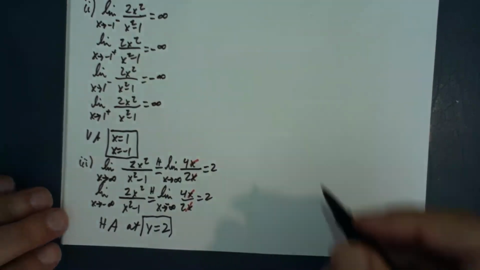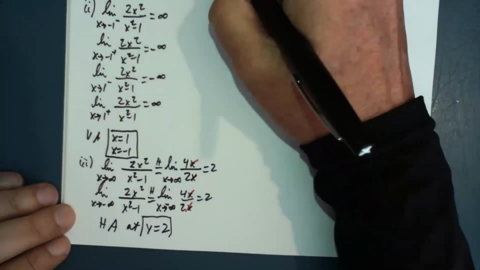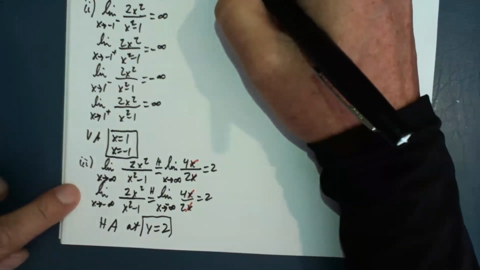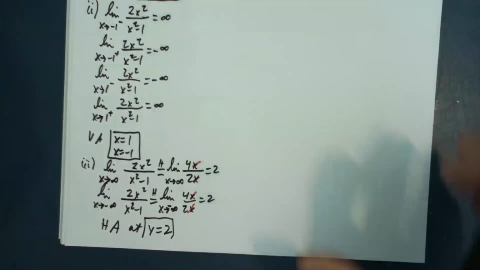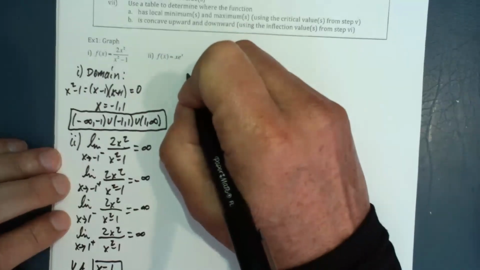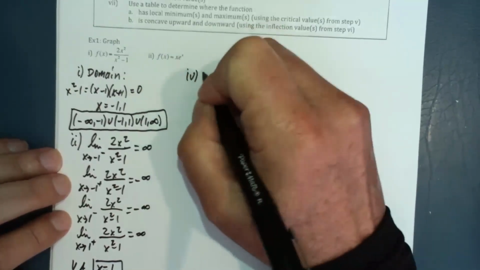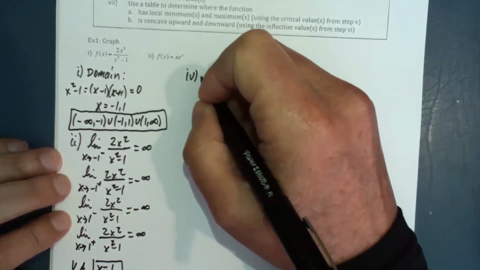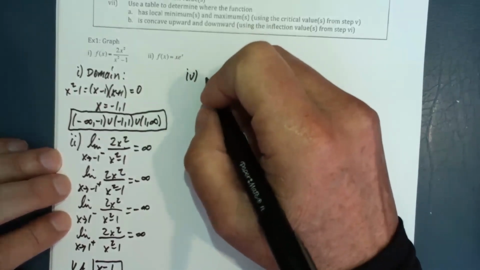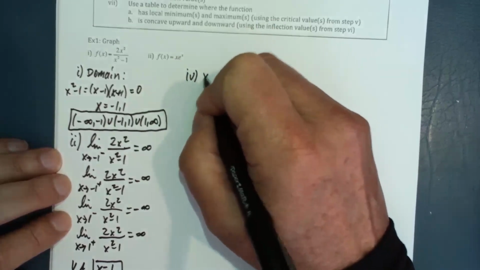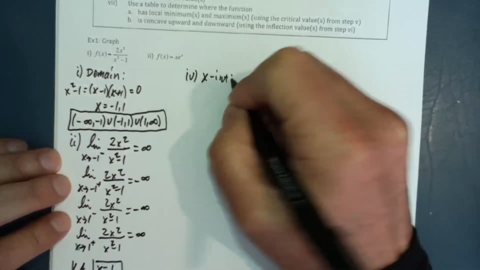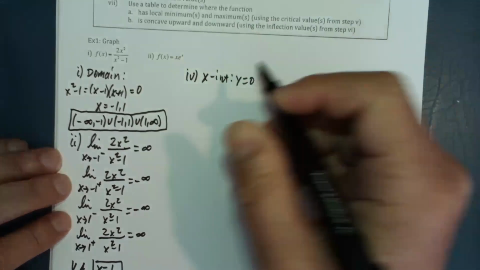All right, let's do now our, that was 3, so 4 is the xy intercepts. So we'll start with the x-intercept, which is when y equals 0.